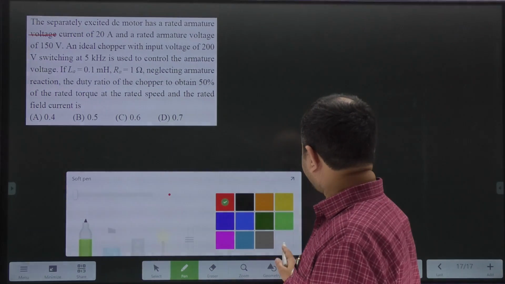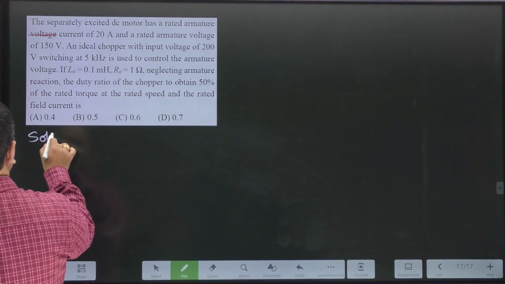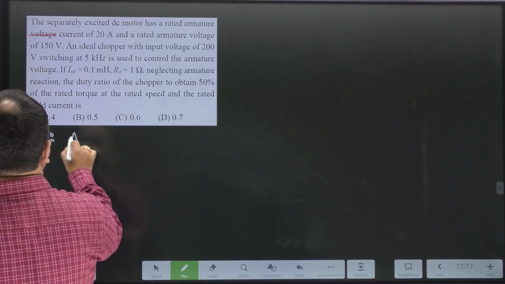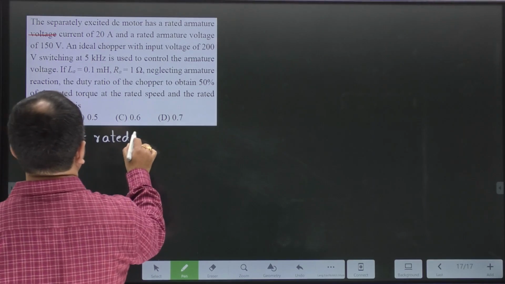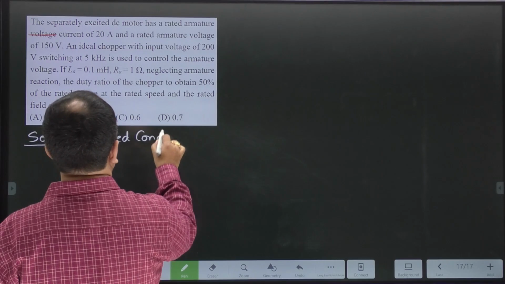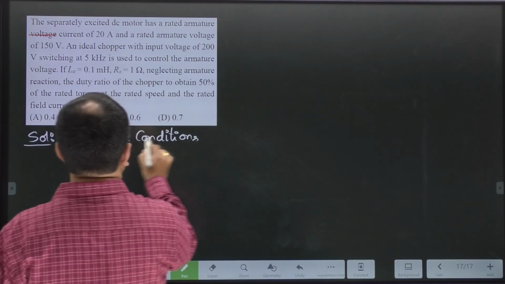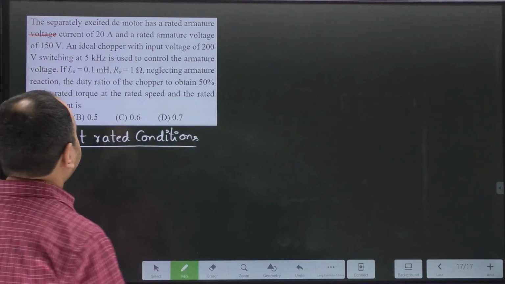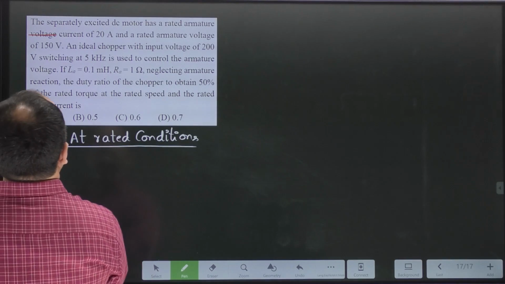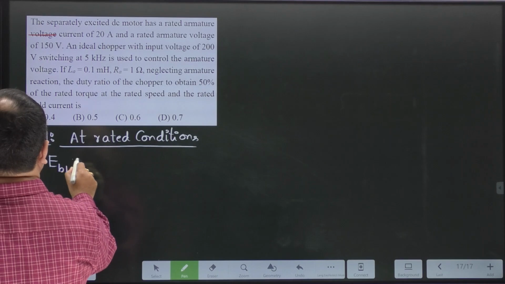So just like the previous problem, first what I can calculate here, at rated conditions, first calculate back EMF EB1.